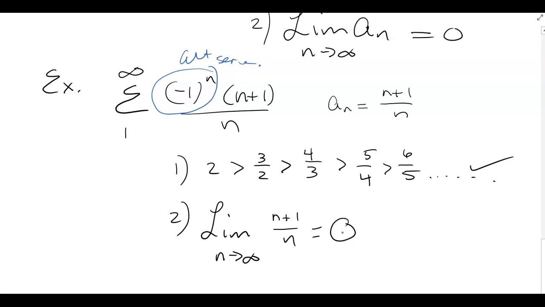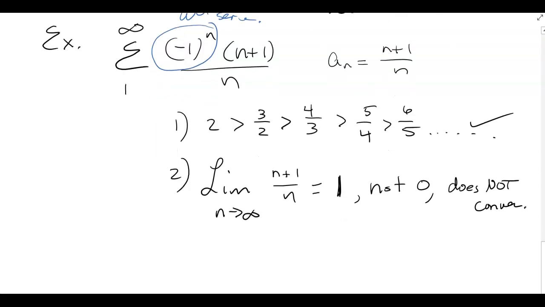Sorry, I was looking at the second line of my notes. I don't know why I did that. It equals 1, right? The limit equals 1, which is not 0, and it does not converge. And yes, we can say it diverges.